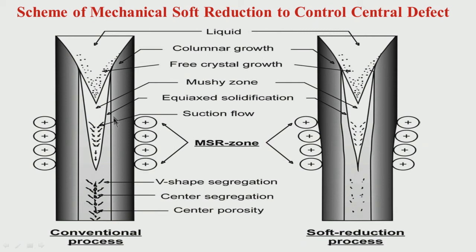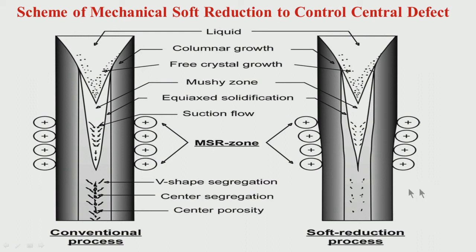So identification of the final stage of solidification is important, then only you can decide where you will put the mechanical soft reduction, what is the zone of mechanical soft reduction, what is the effective area of mechanical soft reduction. If you put soft reduction here, when the solidification is maybe 80% complete, it will be of no use.